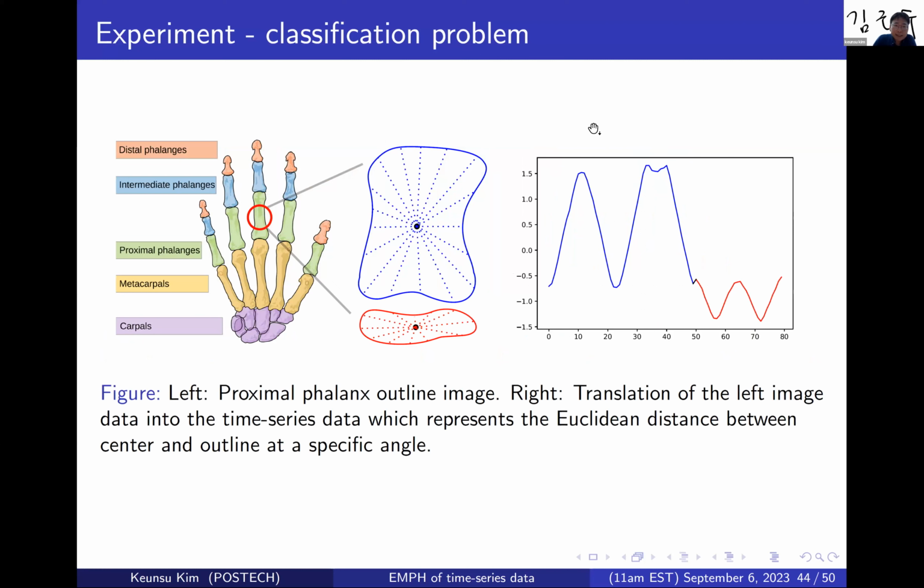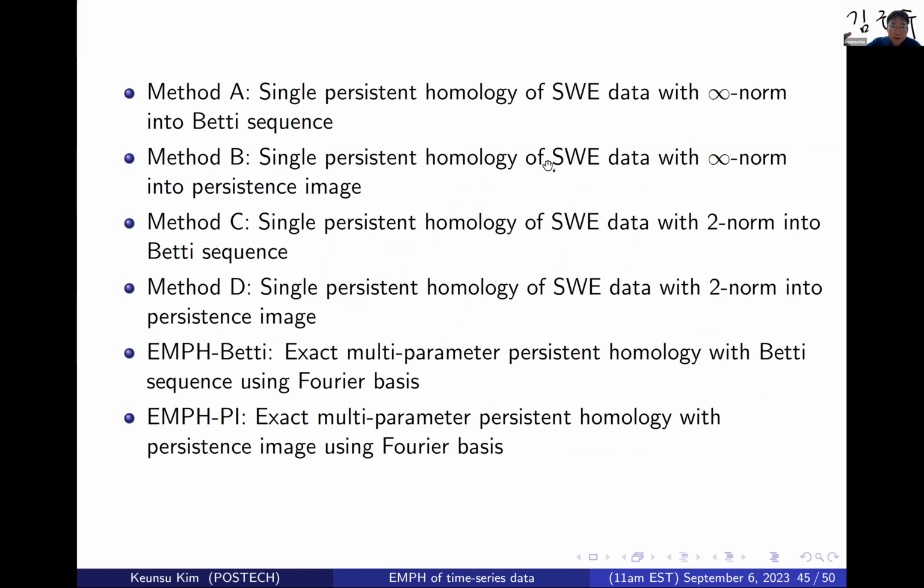And we also applied our theory to a supervised problem, three-class classification. This data consists of 3 classes, and we compared to other traditional methods in TDA: persistent homology of sliding window embedding with infinity norm, with the Betti sequence and persistent image, and sliding window embedding with the Vietoris-Rips complex with 2-norm, and the Betti sequence and persistent image.